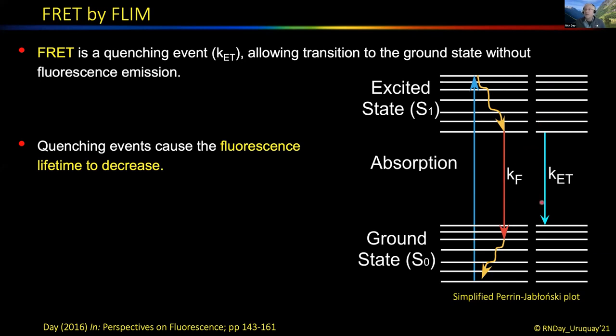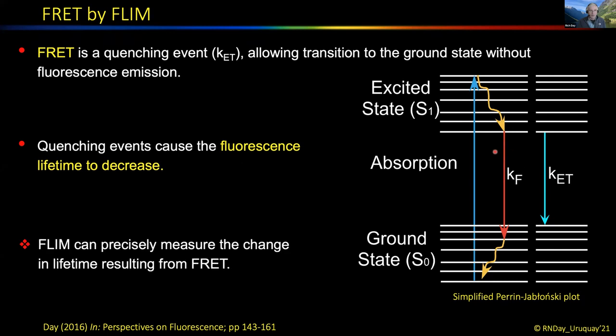If there is another probe in its environment that is able to capture some of that excitation energy and relax back down to the ground state, then it's going to quench this fluorescence. So FRET is a quenching event, and that's going to change the fluorescence lifetime because there are now two pathways for that probe to get down to the ground state. So FLIM is a way of precisely measuring that change in lifetime that occurs due to FRET.